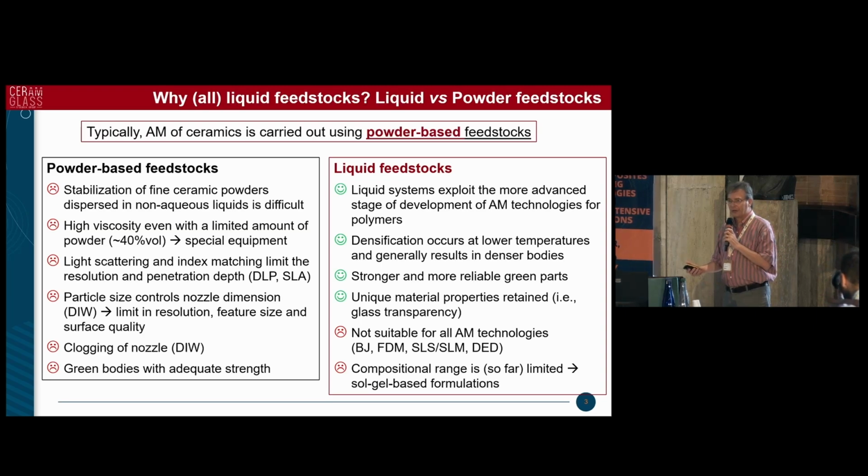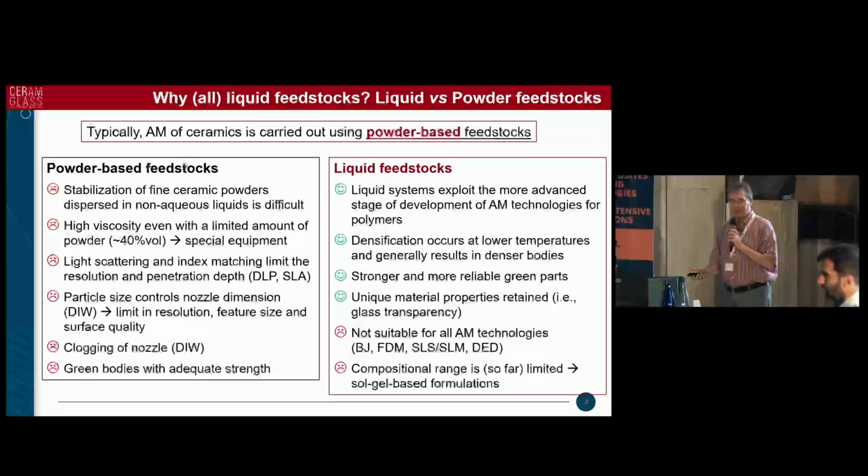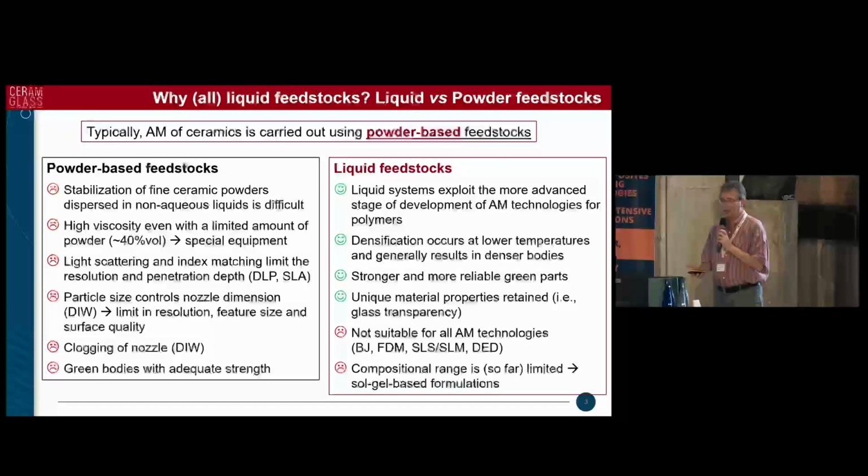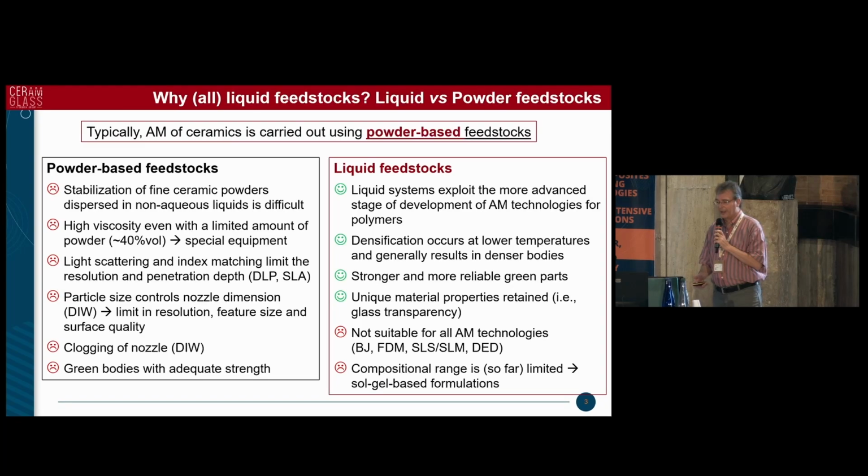Of course, if you use liquid-based technologies, then you have some restrictions in terms of the type of technology that you are using. You cannot use binder jetting, for instance, because you will not be able to generate liquid layers.